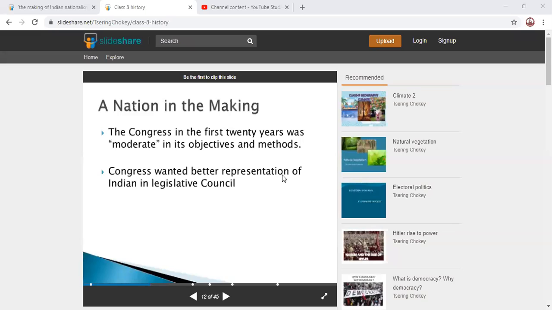First, a greater voice for Indians in the government and in administration.